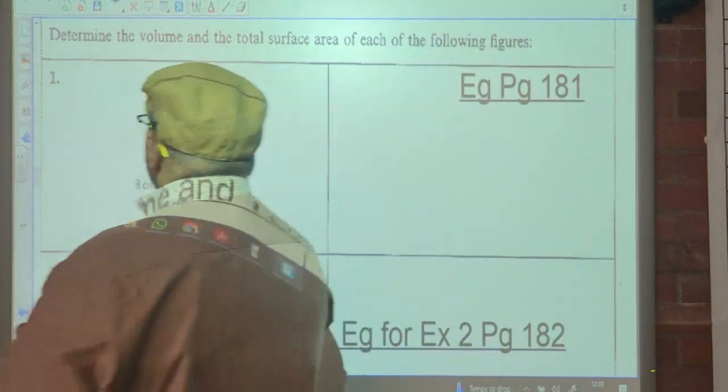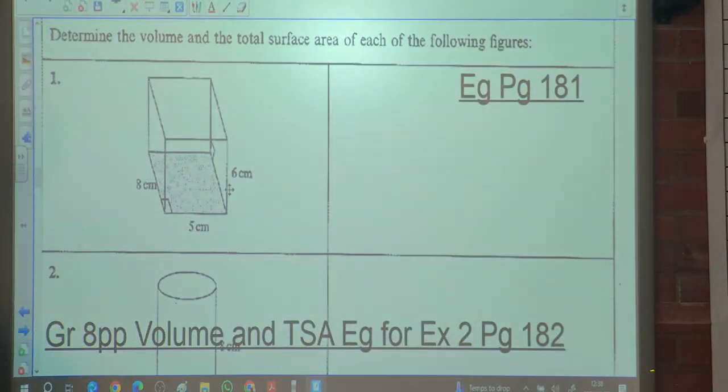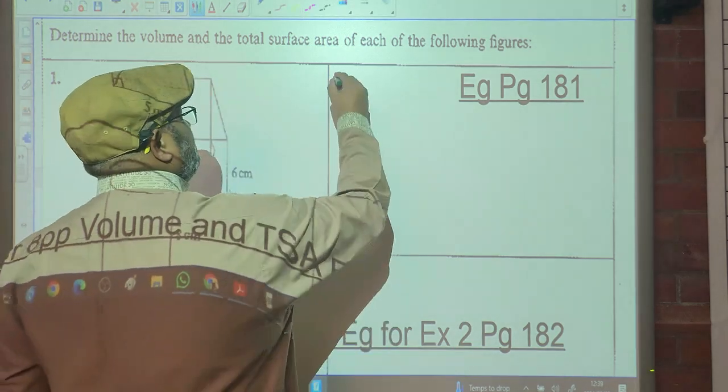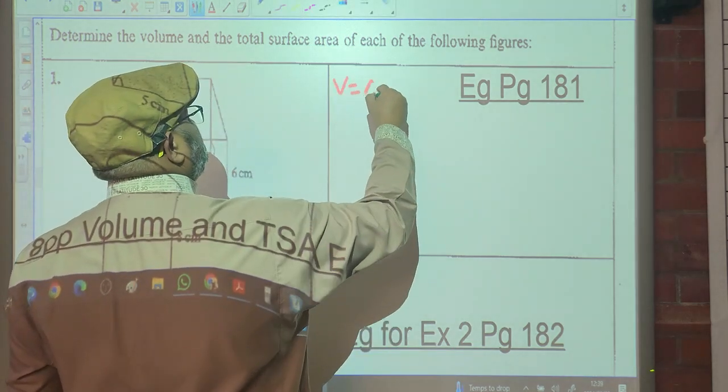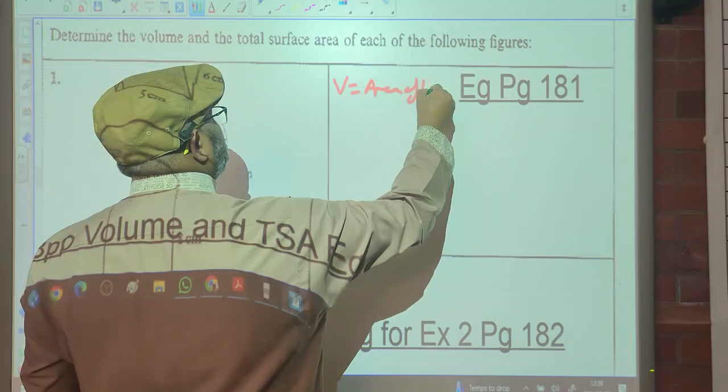So the question says, determine the volume and the total surface area of each of the following figures. Where do we start? Start with the volume, which is equal to area of base times height.